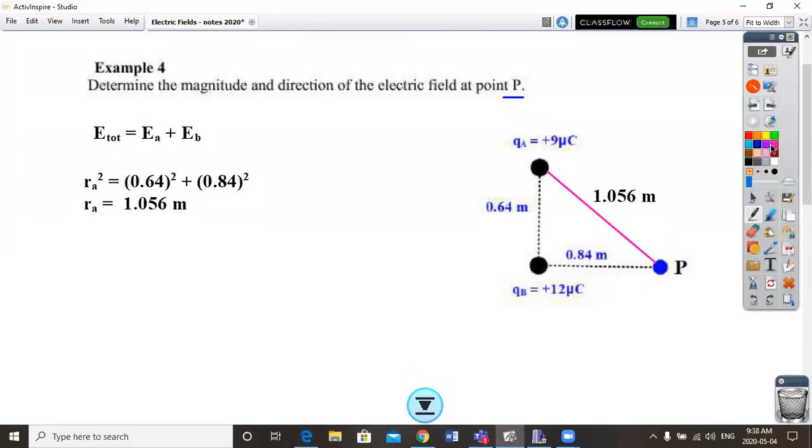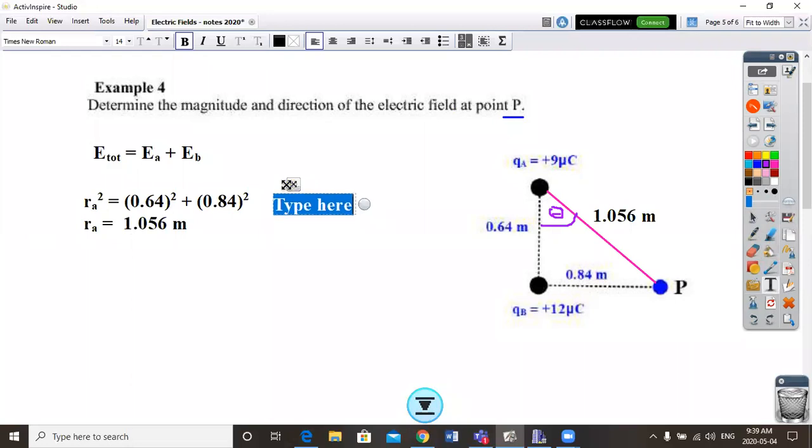Next thing we need is the direction. So we need that angle theta. So the angle theta is going to be inverse tan, opposite over adjacent. So theta will equal inverse tan of opposite 0.84 divided by adjacent 0.64. And we can figure that out as well.